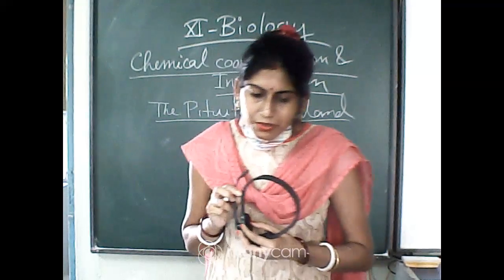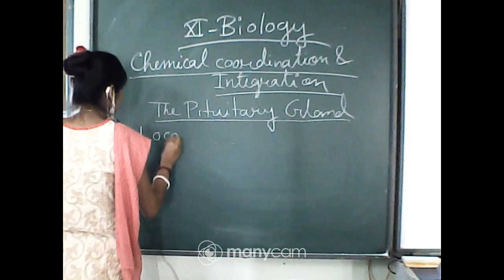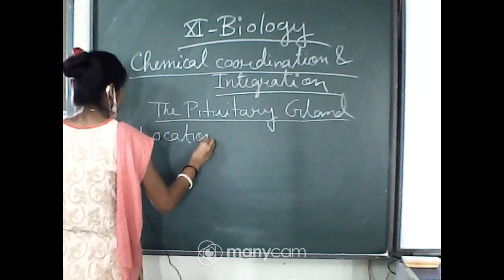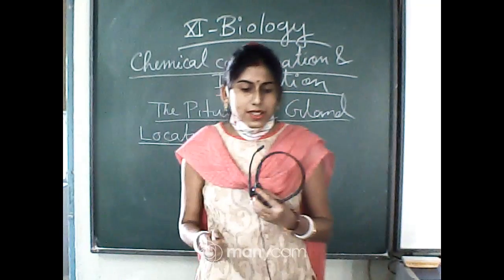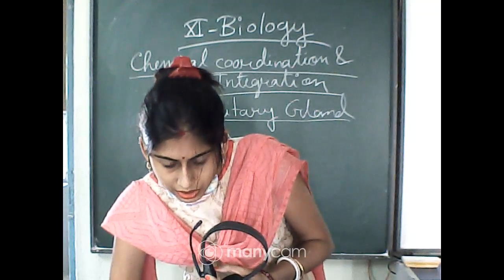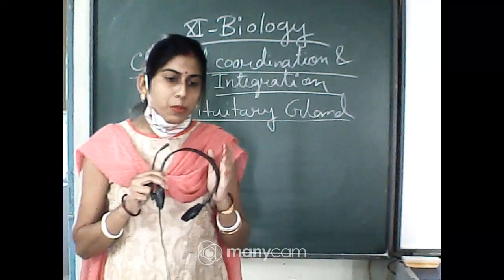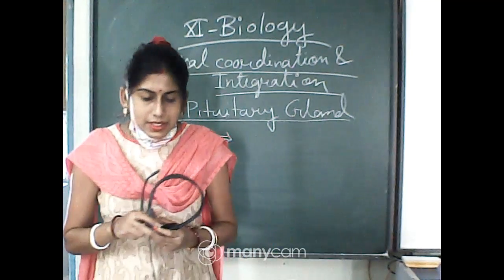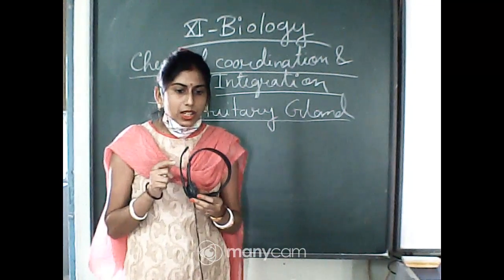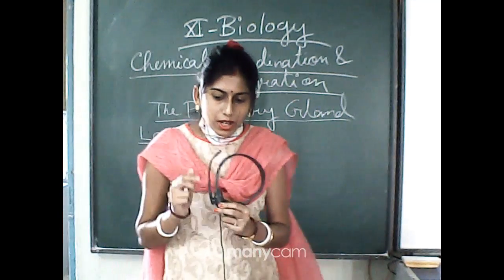So first we will know the location. What is the location of this particular endocrine gland? This pituitary gland is located in a bony cavity called sella turcica, and it is attached with the hypothalamus by a stalk which is called infundibulum.